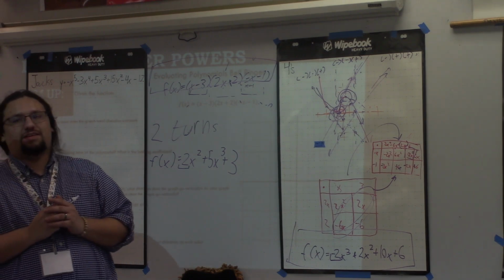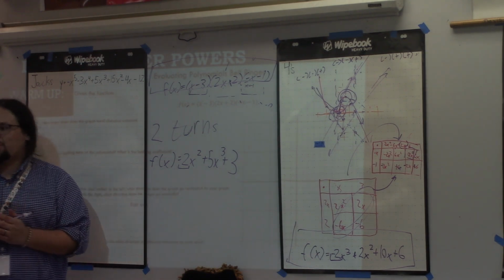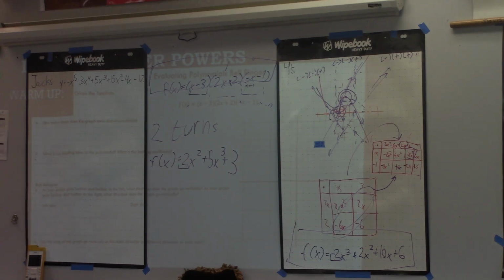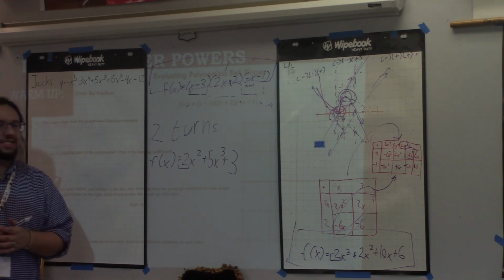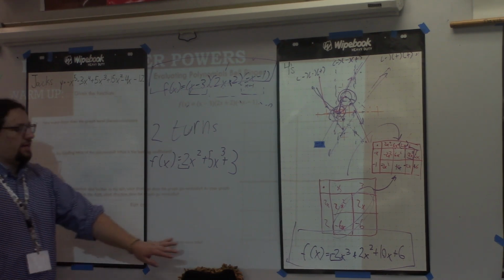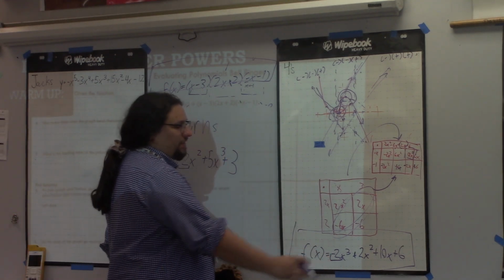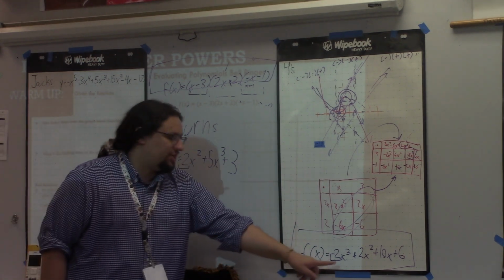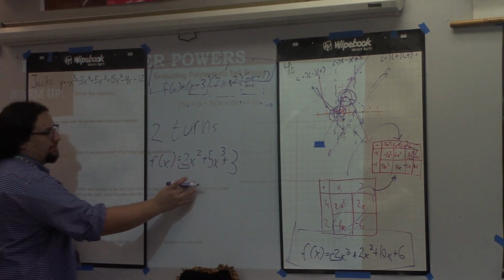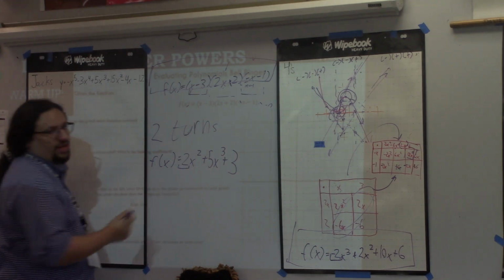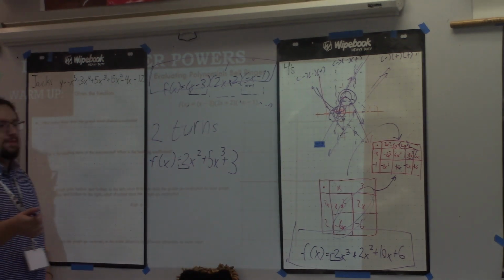Would it be your number with the highest degree, or just the number in front? Oh, right. So Dewan is asking right now, that leading coefficient, is that just what's at the very front of the function? Or is it the coefficient that is attached to my highest power? What do we think? The highest power. It's going to be the highest power, yeah.